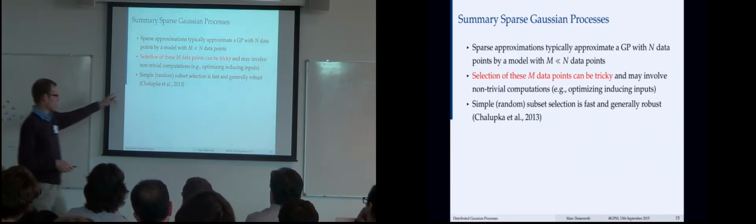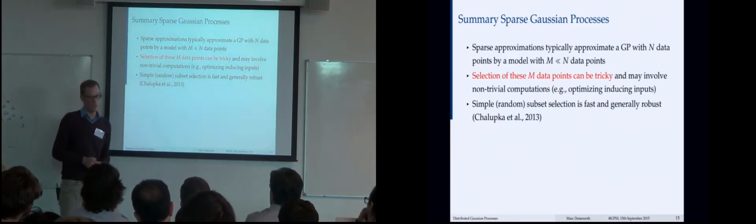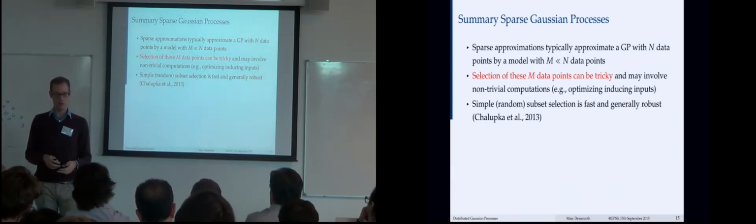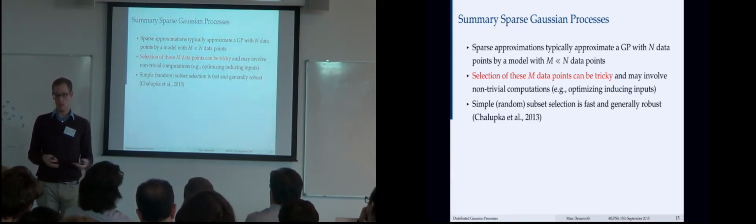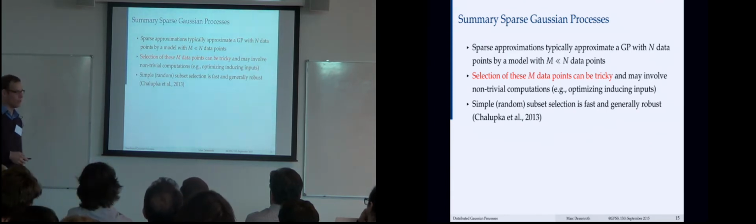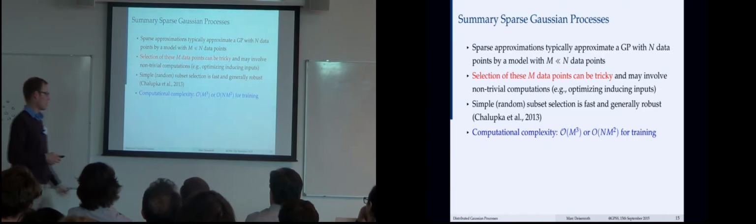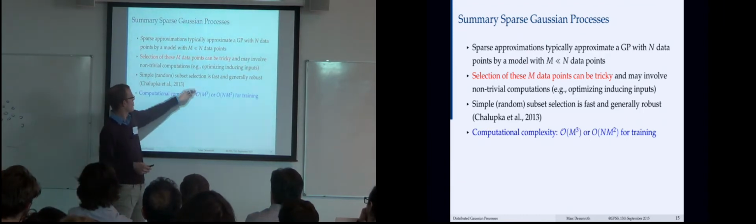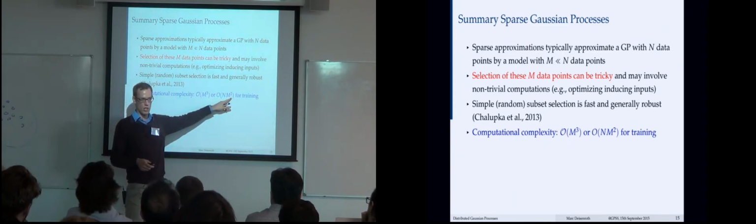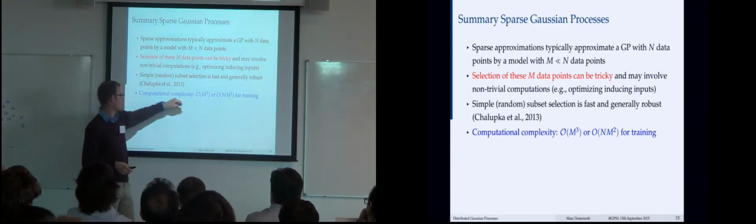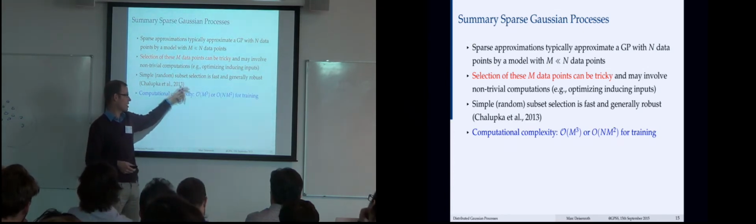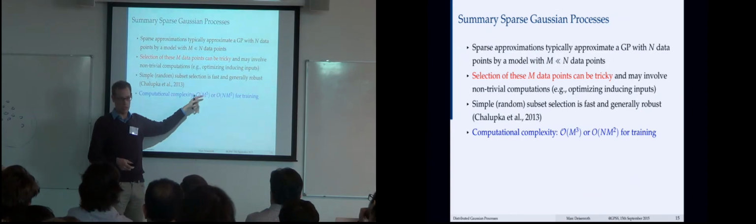You can also just choose a random subset from your data and say, okay, I choose 500 data points from my 10 million data point data set randomly. That's actually not the worst thing you can do. And it's quite simple. The computational complexity for these kinds of methods is n m squared. James mentioned that one earlier. If you choose just m data points at random, you get away with m cubed. So that's even better.